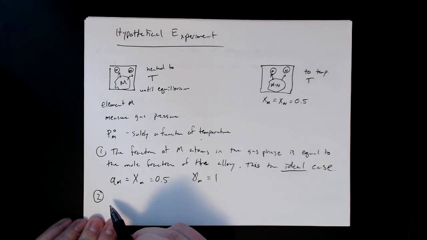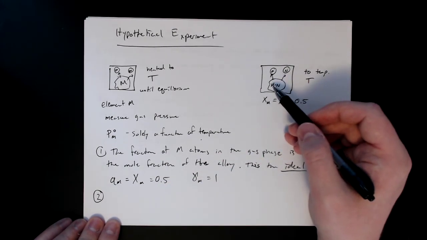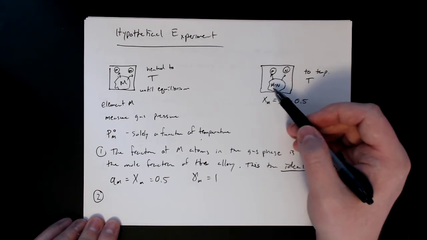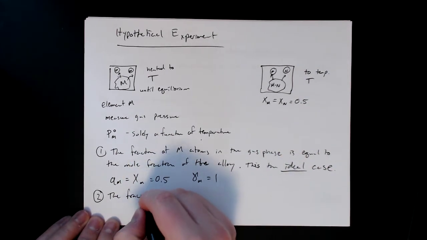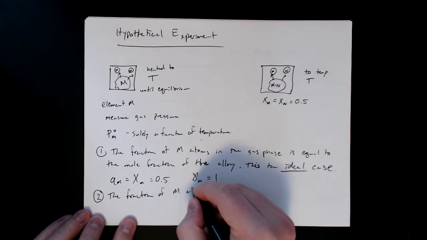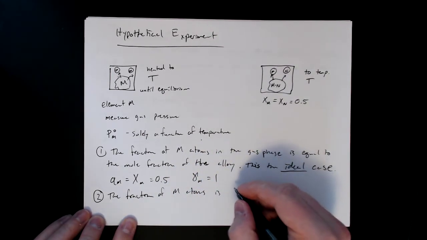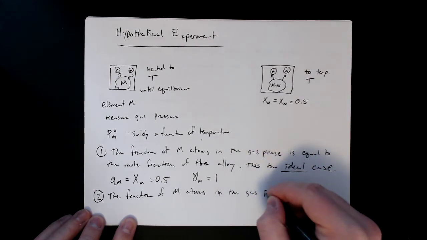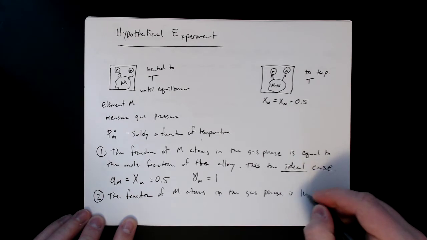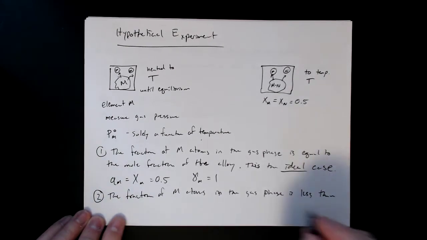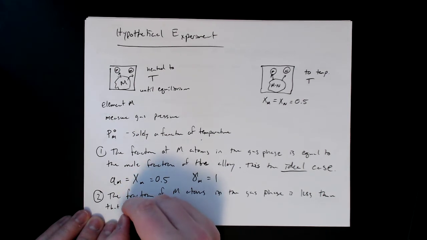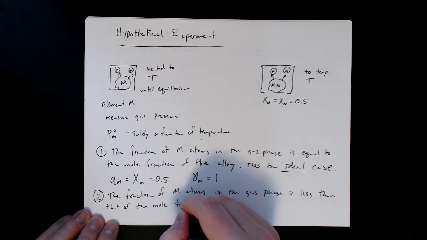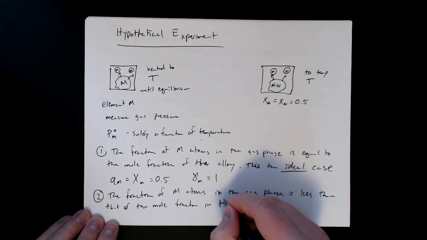So the second case, this is one where the number of M atoms in the gas phase is less than this mole fraction in the alloy.